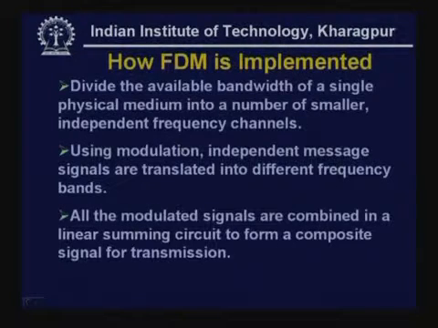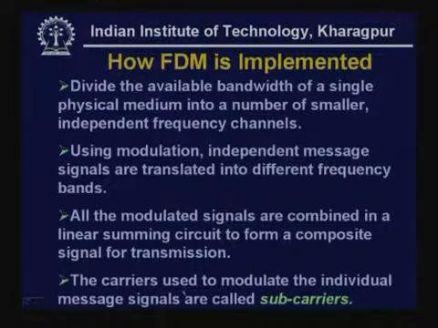The third thing that is done is that all the modulated signals are combined in a linear summing circuit to form a composite signal for transmission through the medium, which has higher bandwidth. Finally, carriers are used to modulate the individual message signals. The carriers used to modulate the individual message signals are called subcarriers, as we shall see.